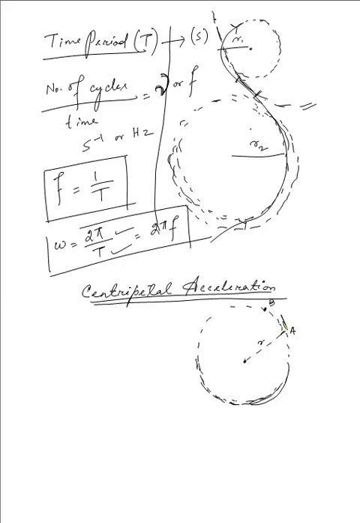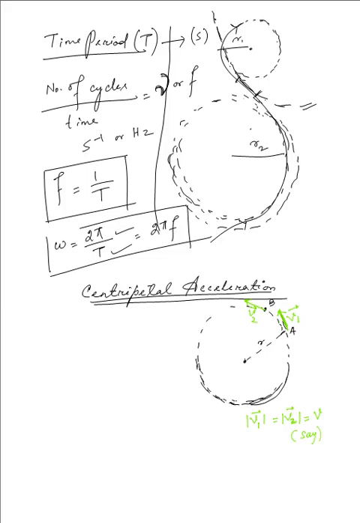So this is supposedly the velocity over here. This is v1, and v2 is the velocity that it acquires as it moves to the point B. And v1 and v2 are equal in magnitude, as we know, because it is moving with a constant speed, and let us suppose that is equal to v.